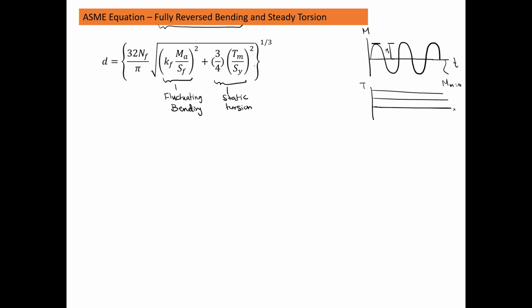Okay, and that's why this one is divided by the fatigue strength. Should say the corrected fatigue strength. And this one is dependent on the yield strength. Okay, again, MA is the fluctuating part of the bending moment. N sub F is now the fatigue factor of safety, or just simply the factor of safety.